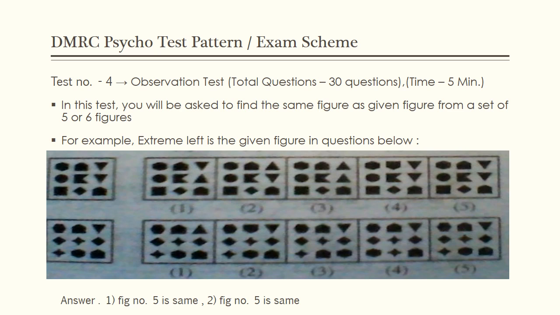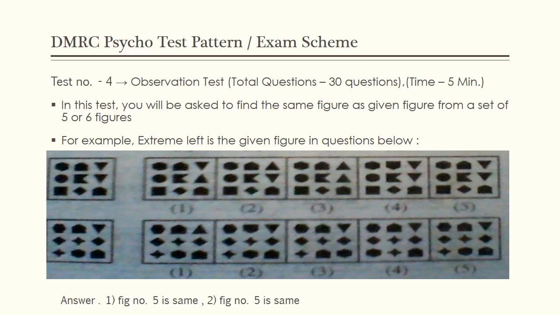If you go through the whole diagram, you can see there will be two triangles in the third column, and only the fourth and fifth have those triangles.